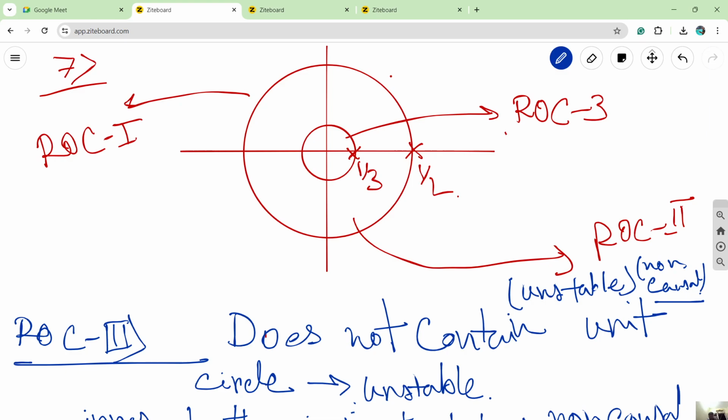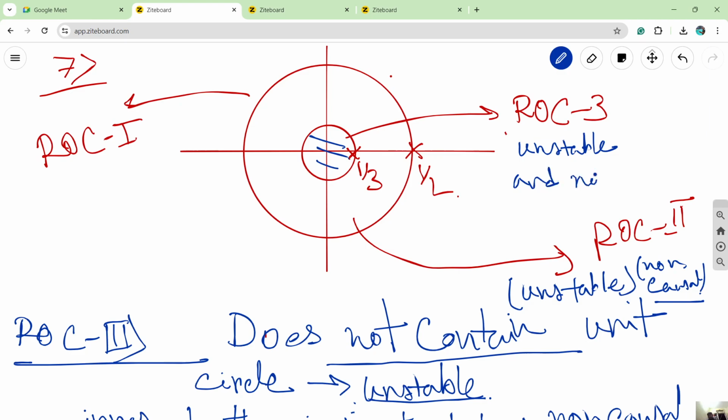So it is still non-causal, but it also does not contain the unit circle. So it is also unstable and non-causal. So this one, that is ROC3, is unstable and non-causal.